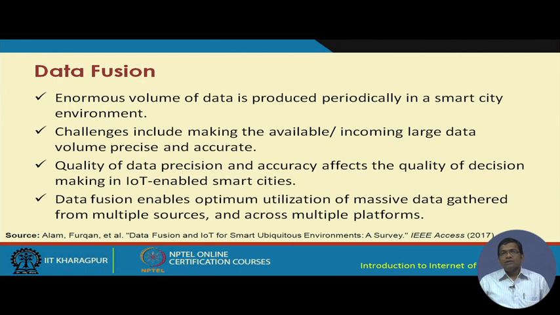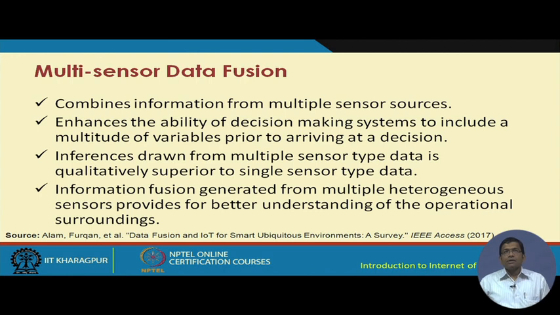The quality of data, the precision and the accuracy, basically affects the quality of decision making in IoT based smart city environments. So, data fusion basically enables optimum utilization of this massively collected data from different sources across different platforms. Multi-sensor data fusion is very important, which basically combines information from multiple sensor sources.